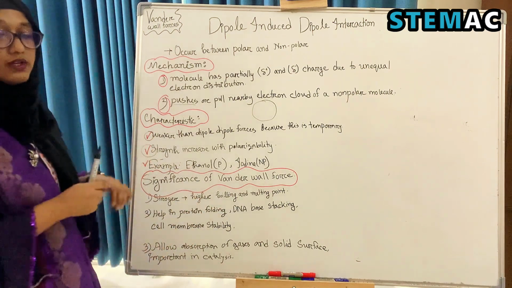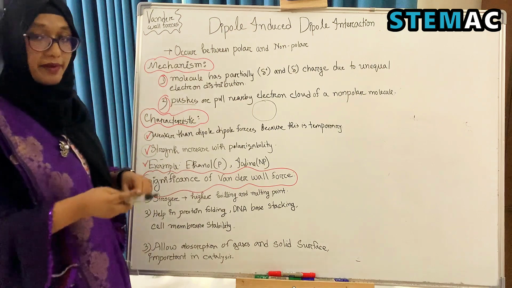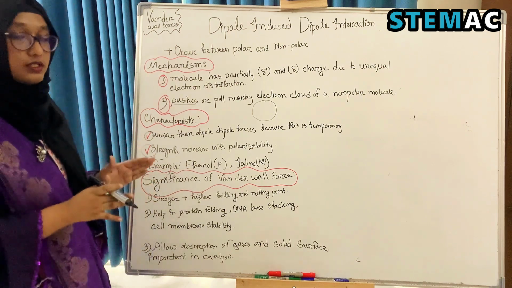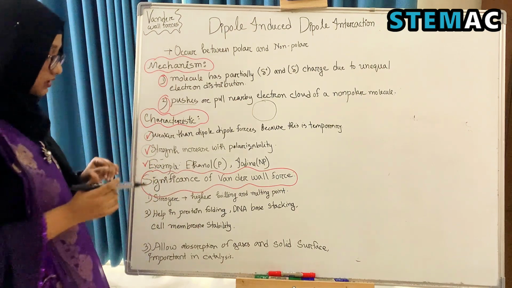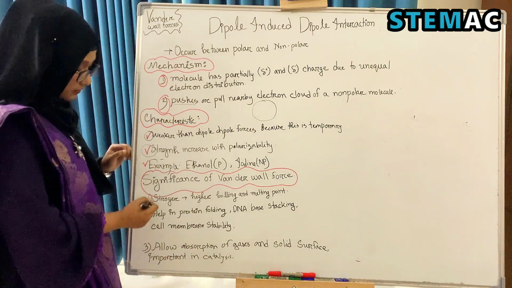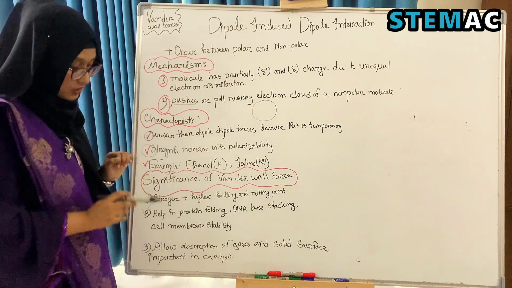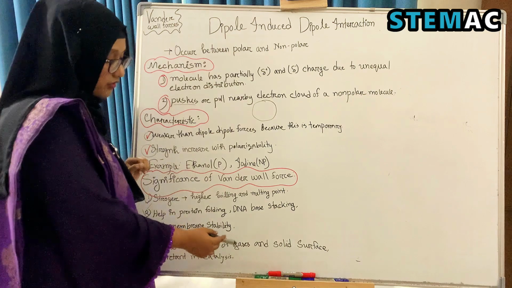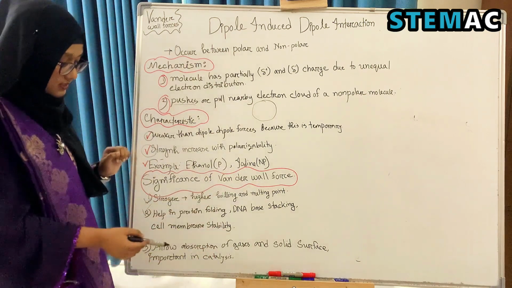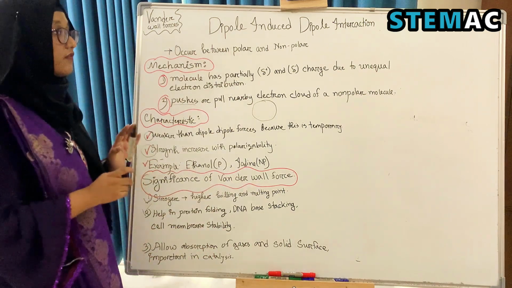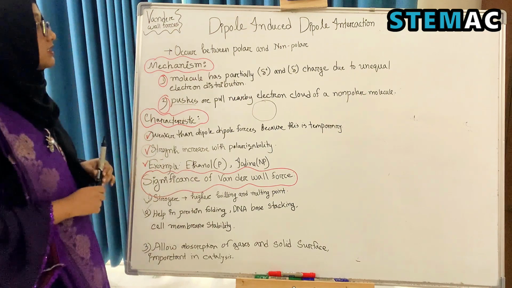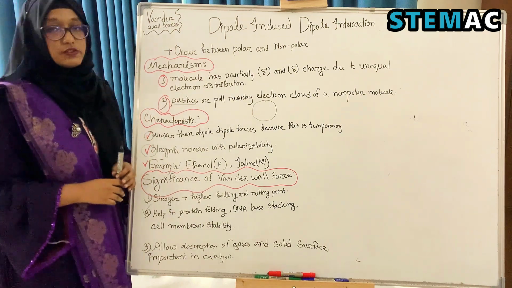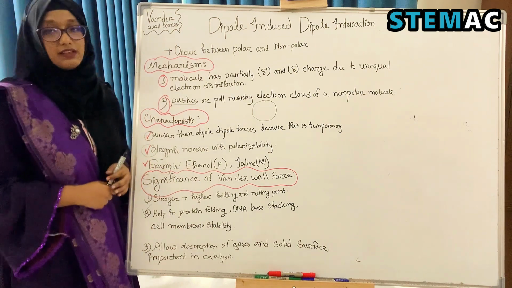We have cells which have membranes. Those membranes' stability is needed to create the overall cell. So this is gonna happen because of van der Waals forces, and they also allow absorption of gases on solid surfaces, which is important in catalysis. And this is all for van der Waals forces today. Next we're gonna learn about a new topic. Thank you everyone.